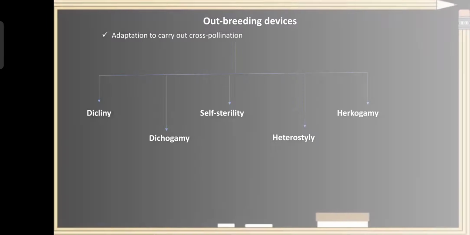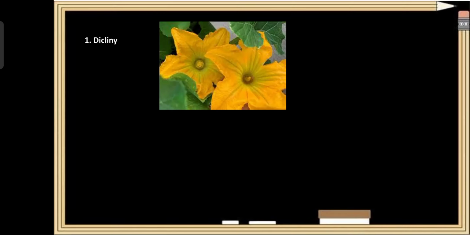When we look at the first one, called diclini, the best example we find is the cucumber flower. The other example is the papaya flower. Here, the flowers are usually unisexual in nature. Unisexual means they have either carpel or stamen.